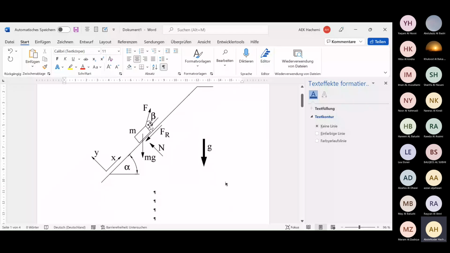Then if we look now at F, the work due to this force F, then we have the motion along X. The covered distance is only L, then we integrate from 0 to L, but as the distance is in this direction along X, we cannot take F, we take F in the same direction as the distance.